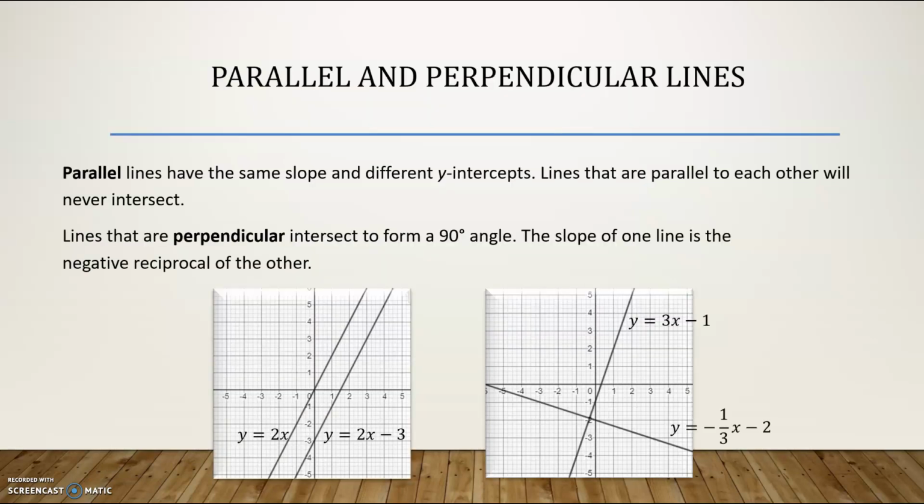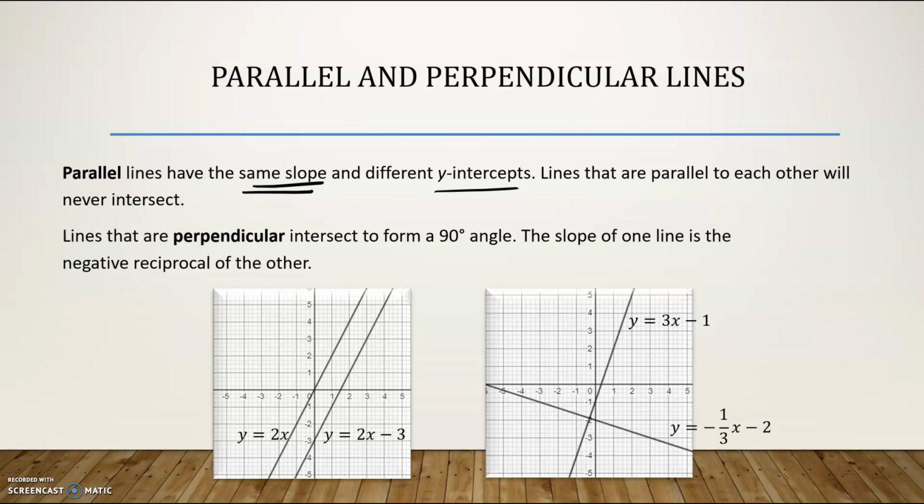Now let's look at parallel and perpendicular lines. Parallel lines have the same slope, that's important, but different y-intercepts. And parallel lines will never intersect, or they'll never cross over each other, like these two lines right here. Notice that they're never going to cross each other.